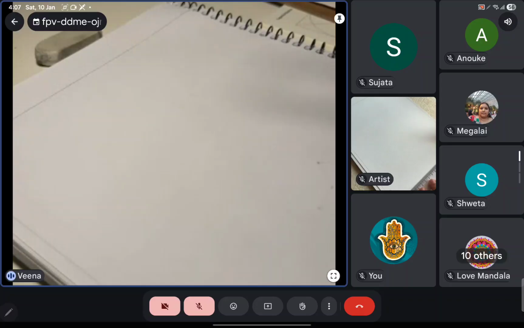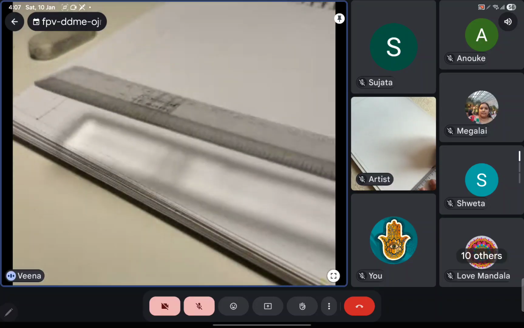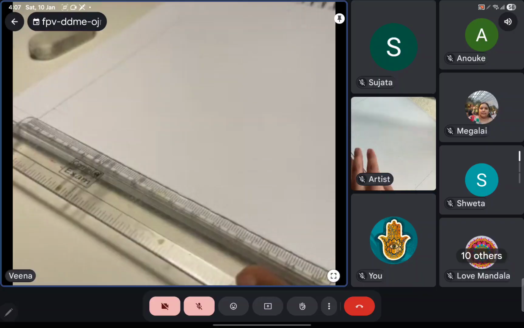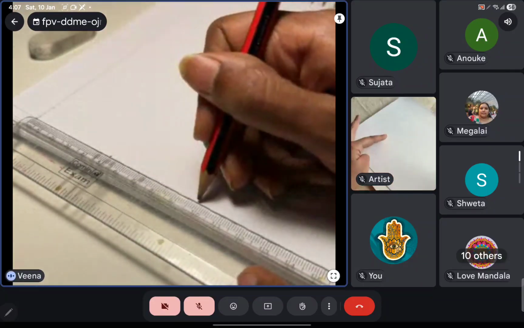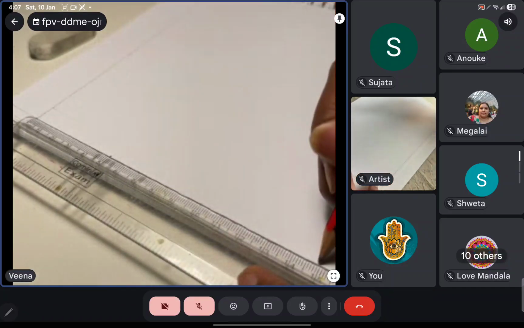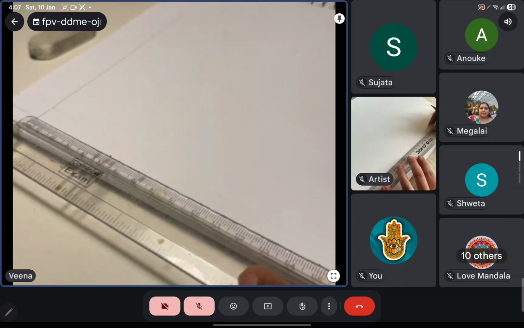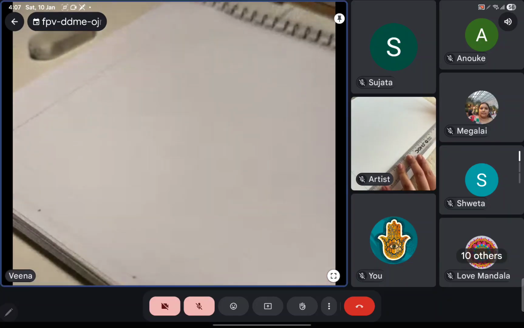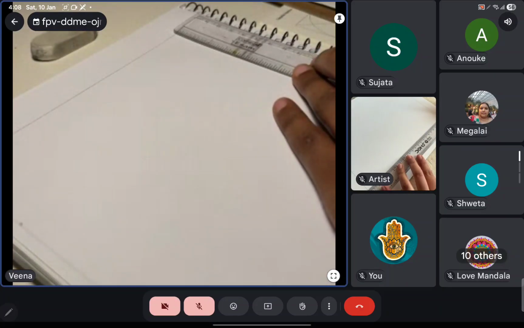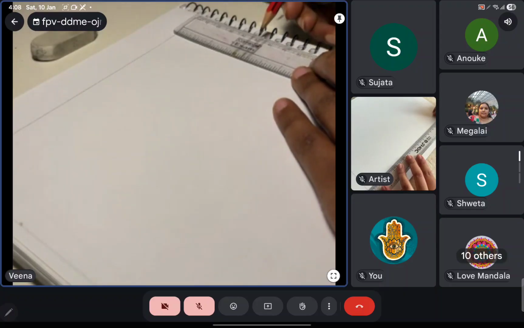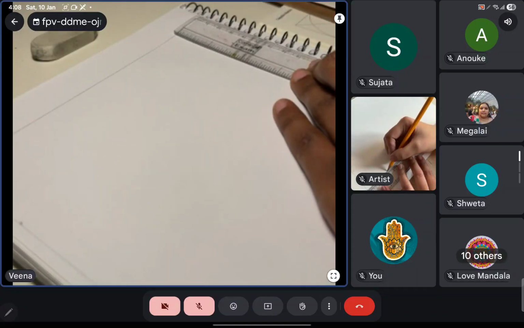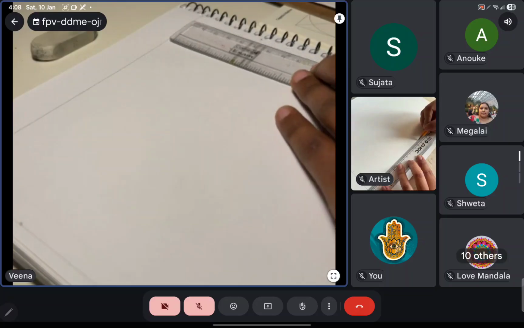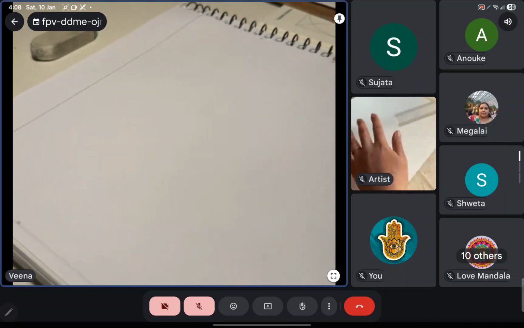And so what we'll be doing is, now that we have one side as 25 centimeter, we'll place our scale and then we'll mark a point at every 5 centimeters. And feel free to join them.